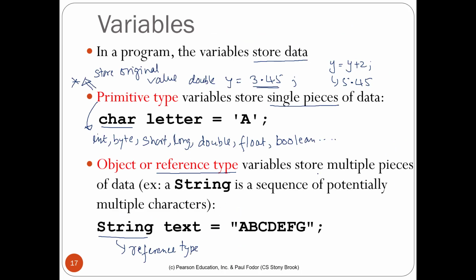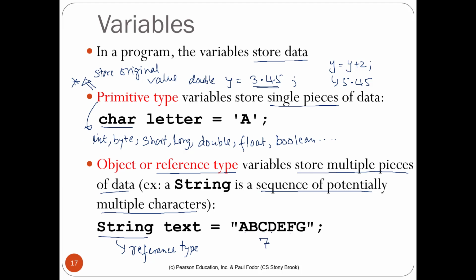Okay, so a reference variable stores multiple pieces of data. As an example, string, what is a string? It's a sequence of potentially multiple characters. It's a sequence. This is important. B is coming after A, C is coming after A and B in this order. Alright, and in the text, if you look, we have 1, 2, 3, 4, 5, 6, 7 characters.